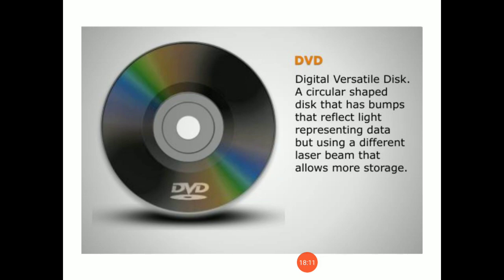Next is DVD recordable. Its basic structure is similar to DVD-ROM, except that it contains a kind of dye material on the track. Pits are formed in the dye material. The user can write only once on the disk and read as many times as he wants.